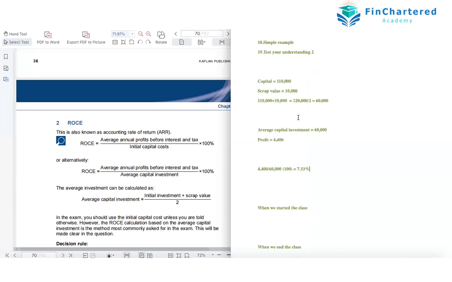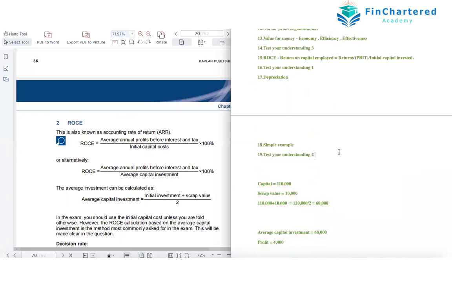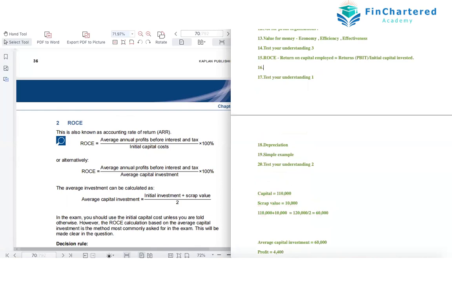First way, again, first calculation is ROCE is returns PBIT divided by the initial capital invested. We are only taking what was the value of the capital originally, initially. Second ROCE formula is, again, it's still return on capital employed. But this time, what you will do is you will take the PBIT divided by the average capital invested.